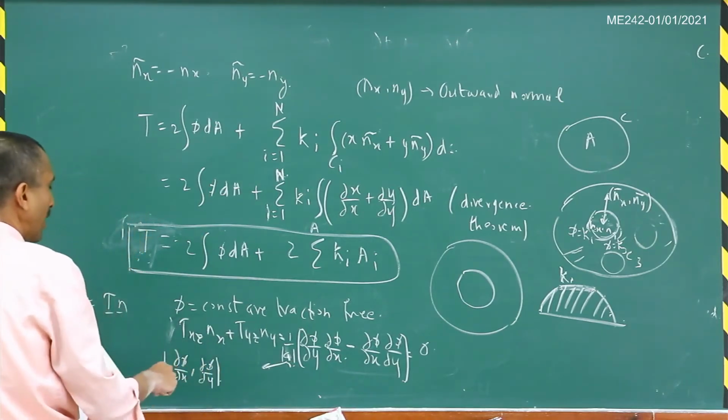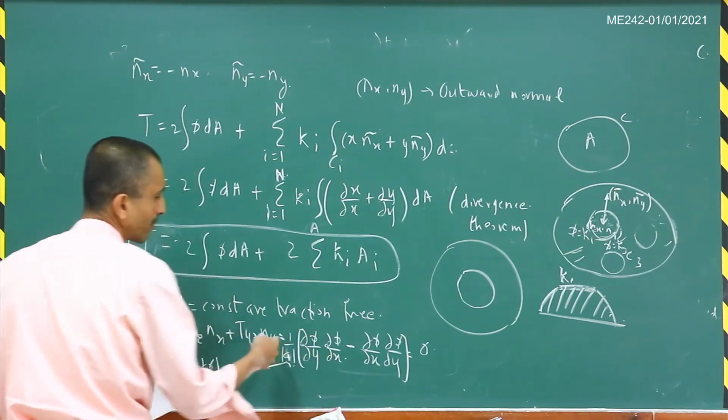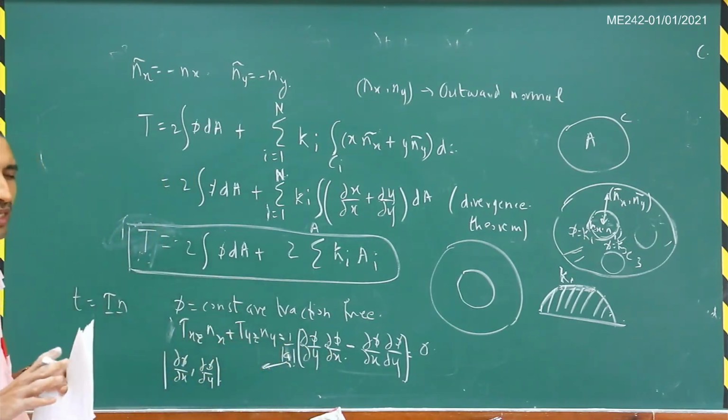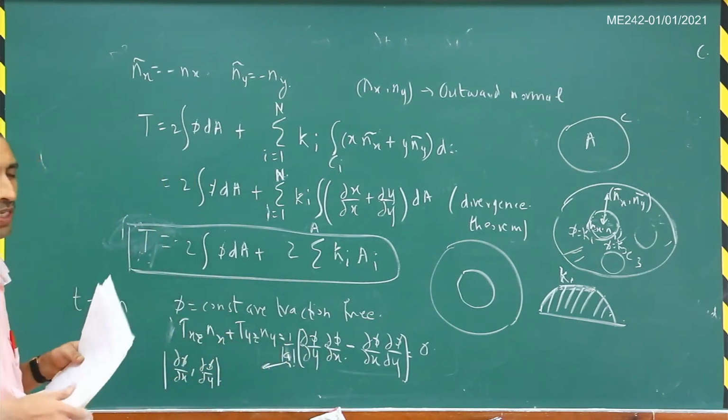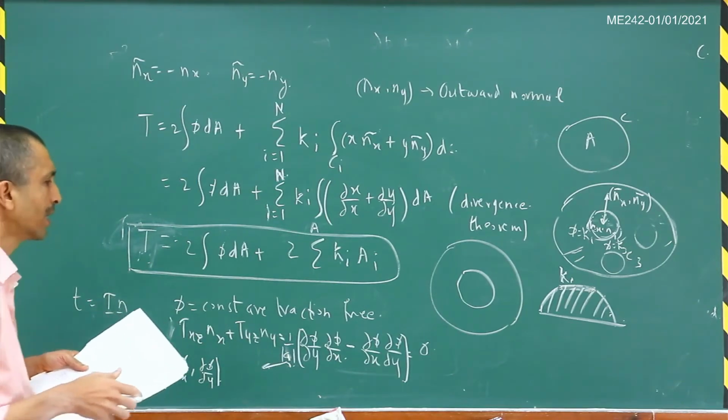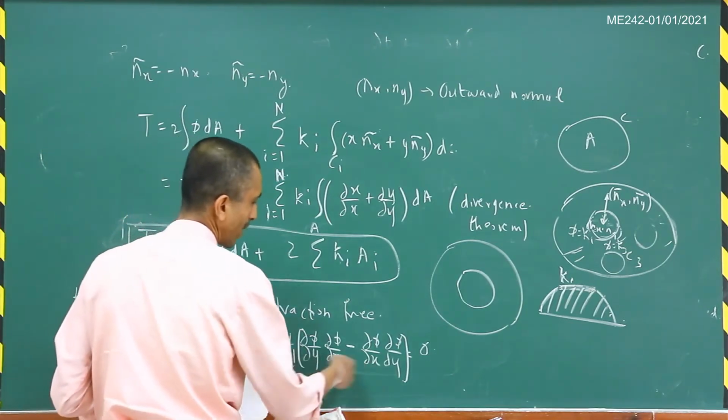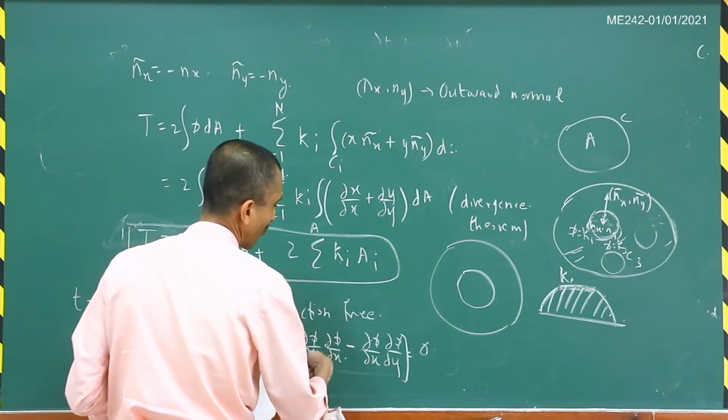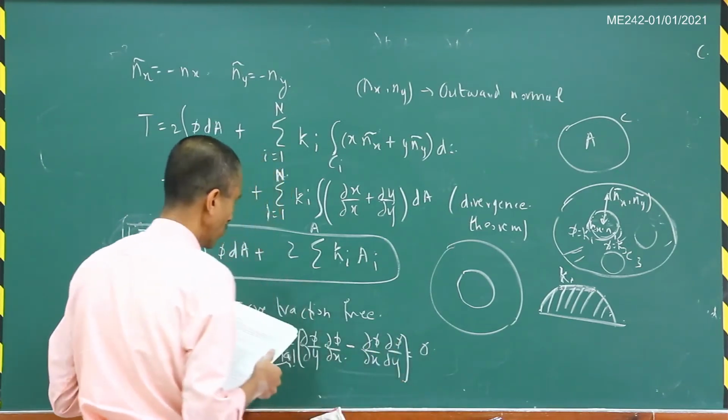So the norm has to come in here. That is just a normalizing factor to make the magnitude of the unit normal as unity. But this is immaterial because finally we are just worried about the fact that this term is equal to 0.